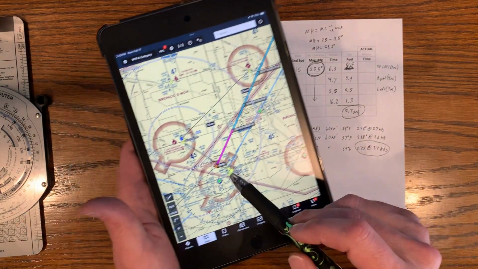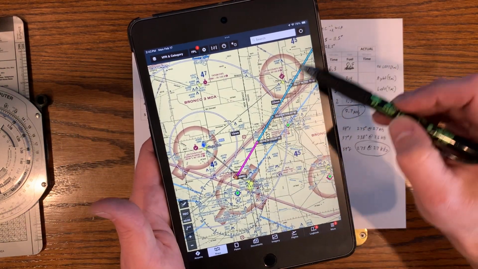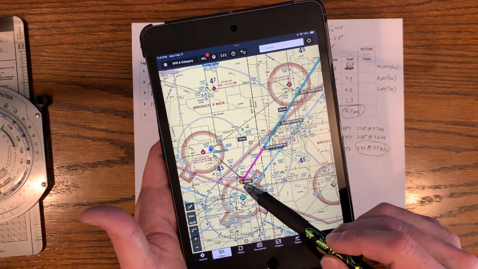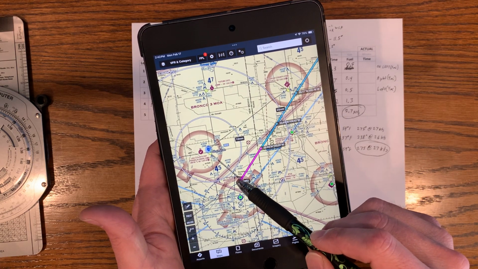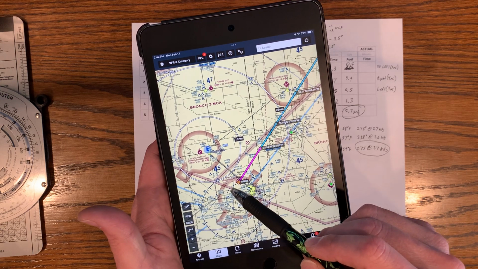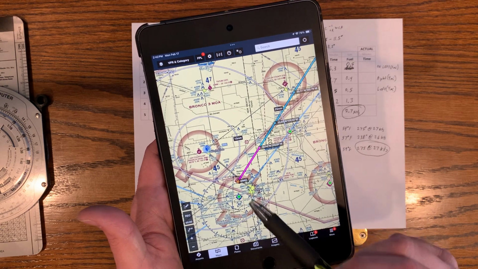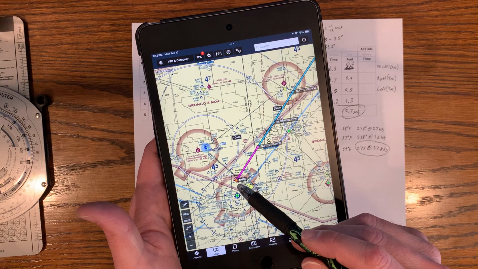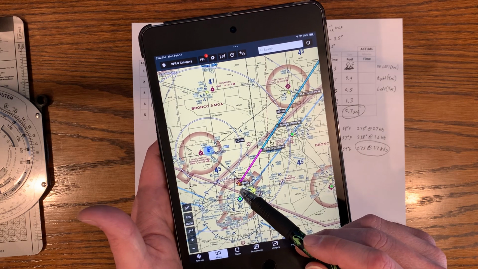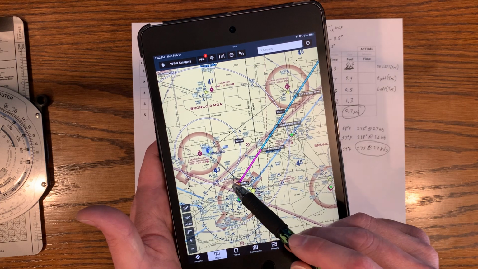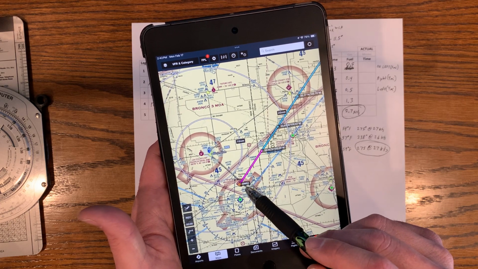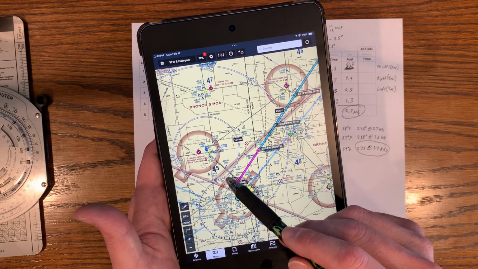Here's another way to do it. If this is exactly what you want to do, because maybe you're going to get lost, maybe you're not familiar with this area, you take off from the airport and you can climb over the airport. That's another method. In fact, this is a method that you use in mountainous airports sometimes when you can't just take off and climb and go over a mountain. You have to climb above the airport. So we could climb up and up and up.